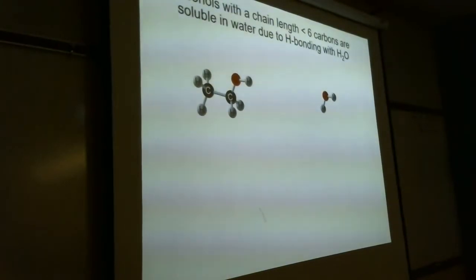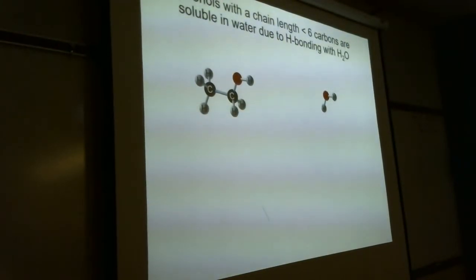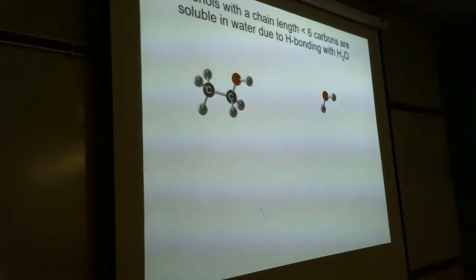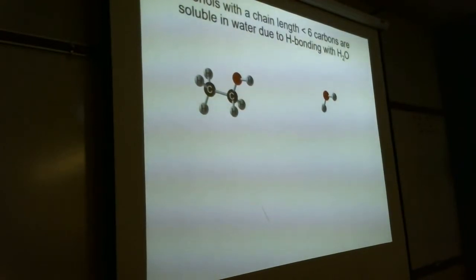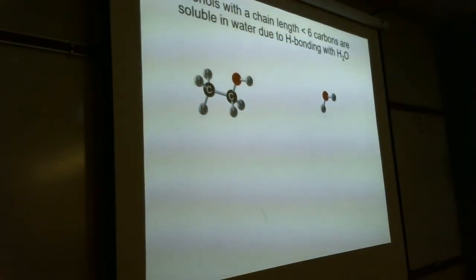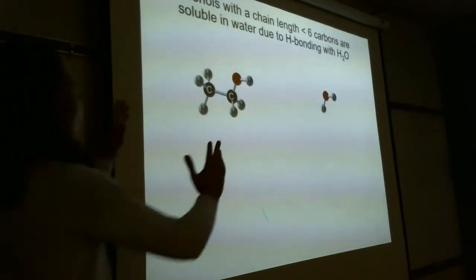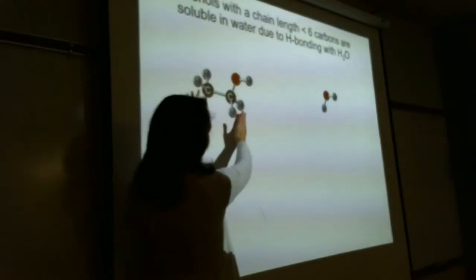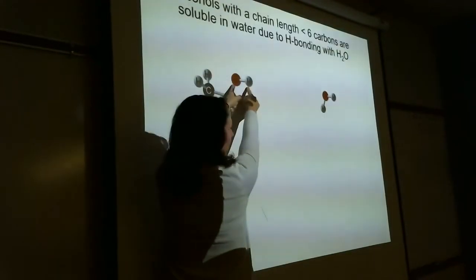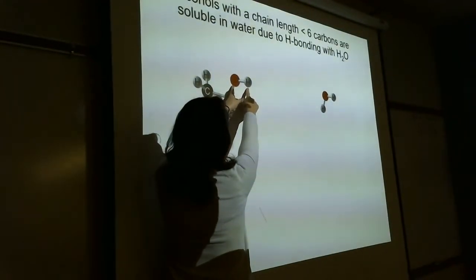Okay, so alcohols with chain length of 6 or less are soluble in water, and that would apply to amines too. Okay, so OHs and NHs. The reason why I say 6 or less is because once the chain length gets beyond 6, something interesting happens. But so long as the hydrocarbon portion of the chain is 6 or less, hydrogen bonding is a pretty significant intermolecular force. Okay?